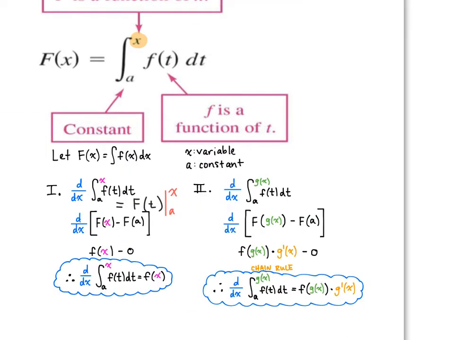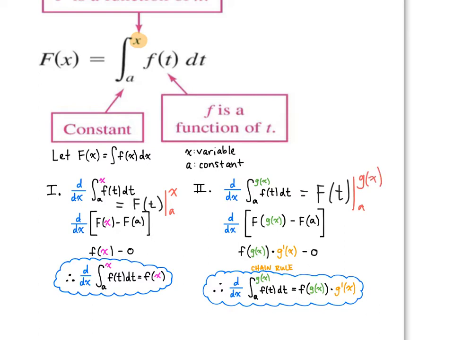Now we look at the second scenario, where we're taking the derivative of an integral from a to g of x, so now another function, of f of t dt. We think about it the same way. When we integrate this, it's like saying big F of t, and we're going to integrate that from a to g of x, okay?